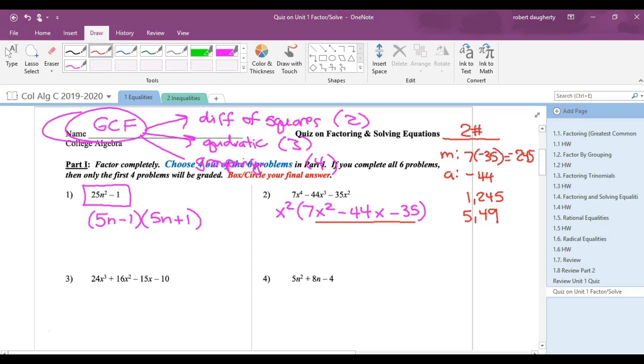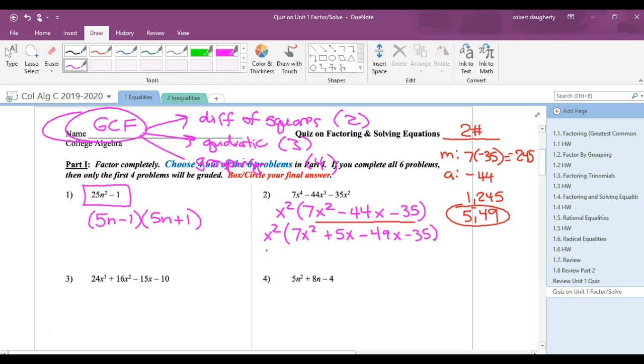Even though the number was big, I can see right out of the bat that the difference between 49 and 5 is 44. So if the 49 is negative and the 5 is positive, that's going to be my factorization. So this turns into x squared, 7x squared, plus 5x, minus 49x, minus 35.